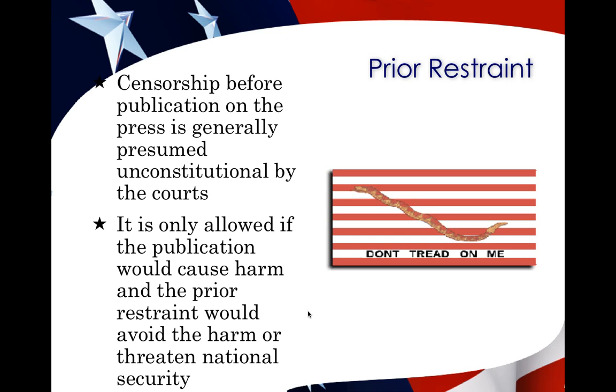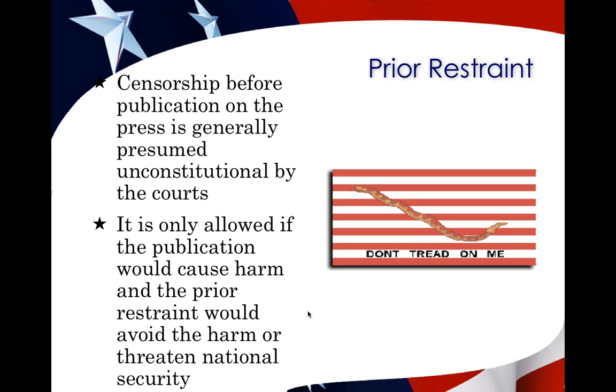Let's just say something comes out in the war effort. Let's put it in the Vietnam War, and Nixon and the government is trying to suppress something the New York Times wants to print negatively about the war, but that information will put soldiers in danger. And if this is printed, those soldiers could be hurt or killed or taken hostage.